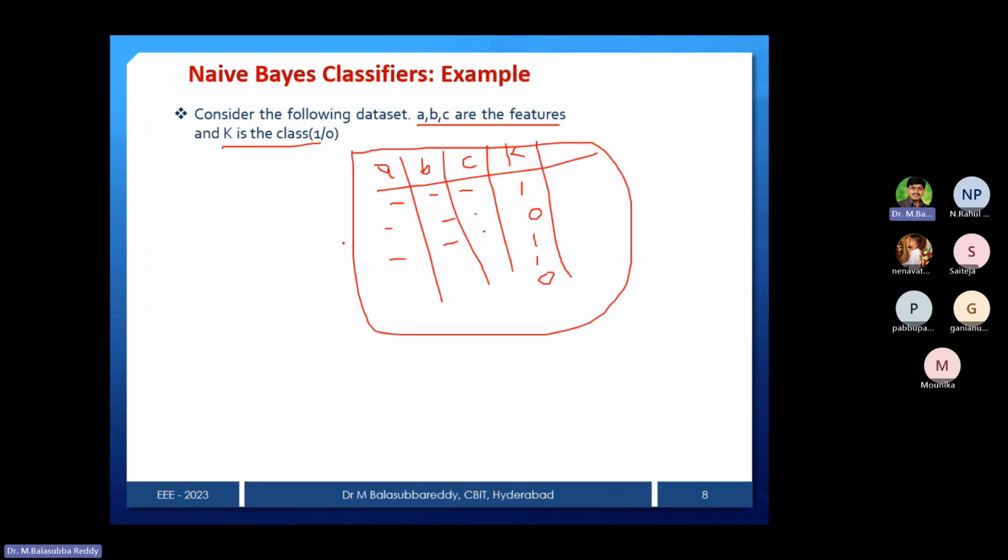What we want to find by making use of Bayes theorem or the naive Bayes classifier: if the data is given as A is something, B is something and C is something, the question they may ask is, if these are the data points or values, what is K? So here K is either 1 or 0. Based on the given new data point ABC, we have to conclude whether K is related to the 0 class or the 1 class. That we need to identify.